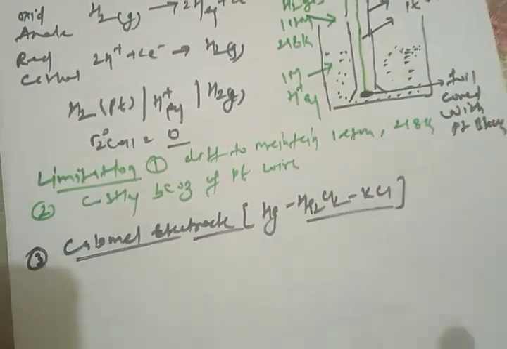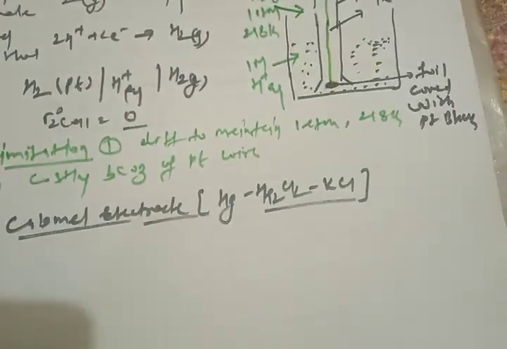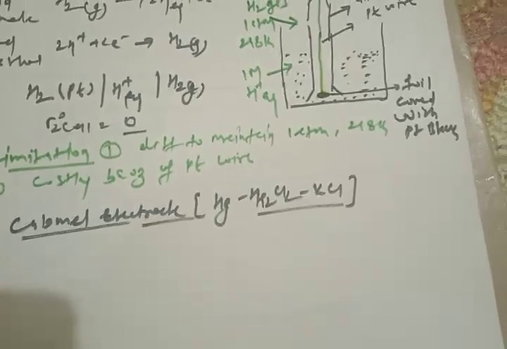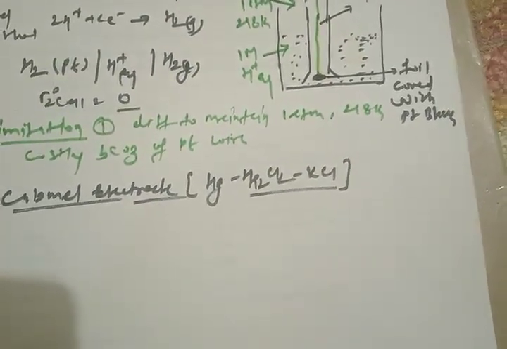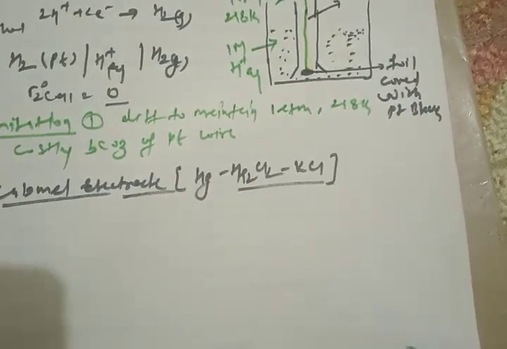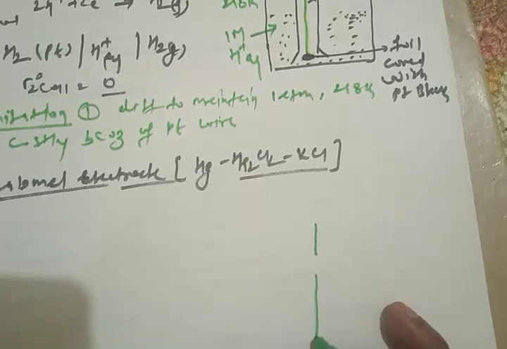Okay, this is a very important one. The calomel electrode is very important, and we'll first discuss its arrangement. What does the structural arrangement look like? So let's discuss that first.